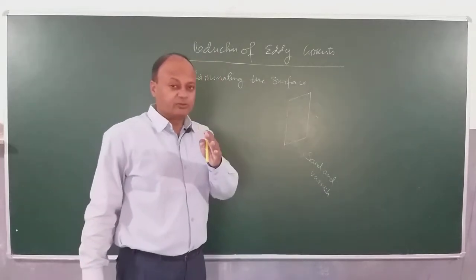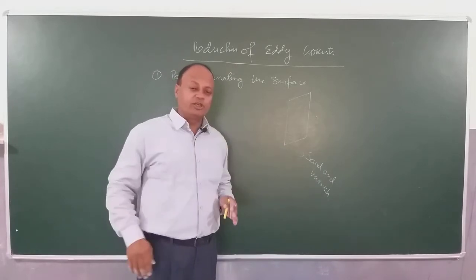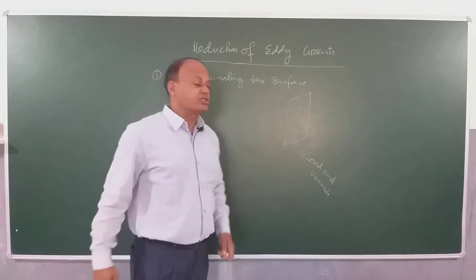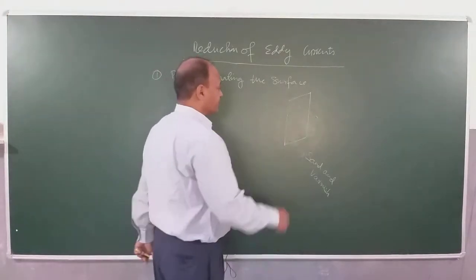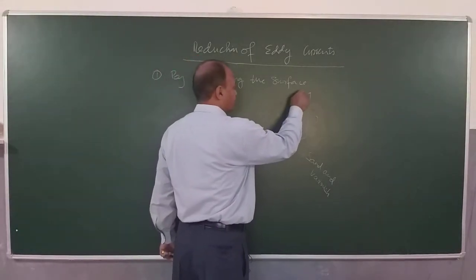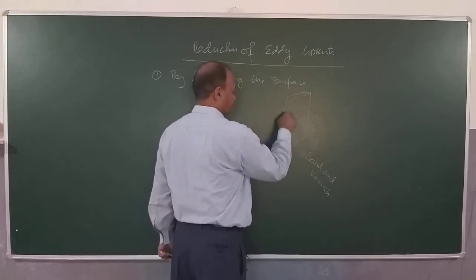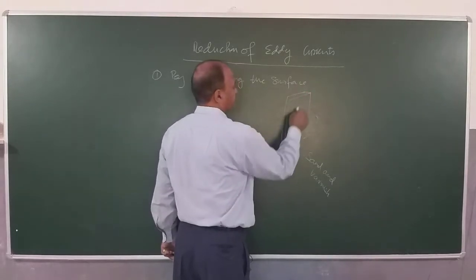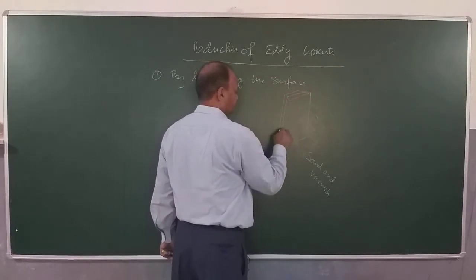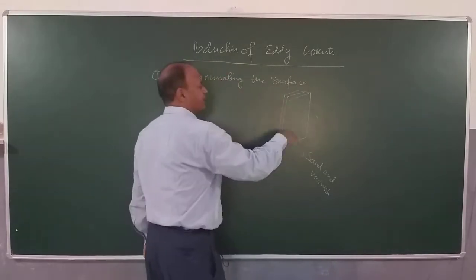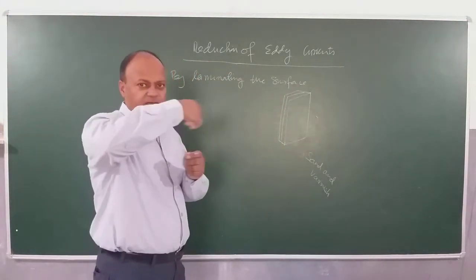And now let me tell you that we will have a real problem if we use a solid core. In the core of a transformer, what do you see? You see that we use a number of plates like this. This is one plate. Now this is another plate. Now we go on putting these plates one on top of the other, and you bind them together using wires.